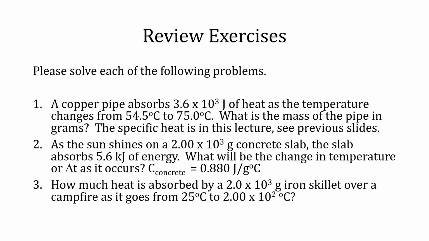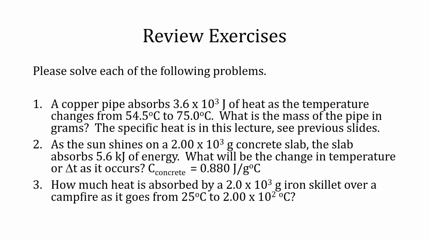See previous slides. 2. As the sun shines on a 2.00 times 10 to the 3 gram concrete slab, the slab absorbs 5.6 kilojoules of energy. What will be the change in temperature, or delta T, as it occurs?